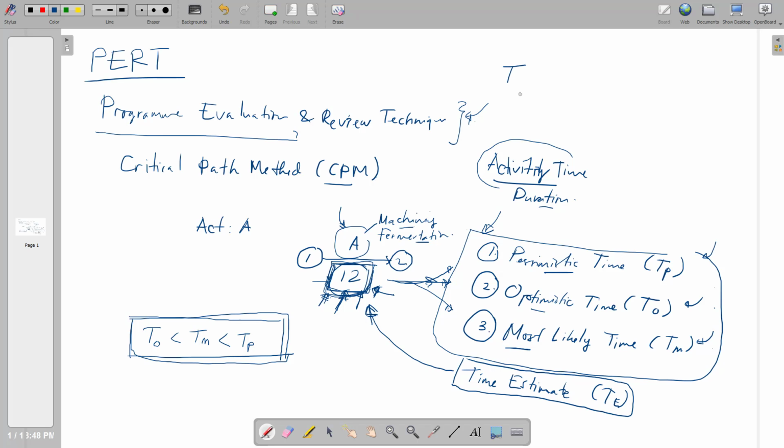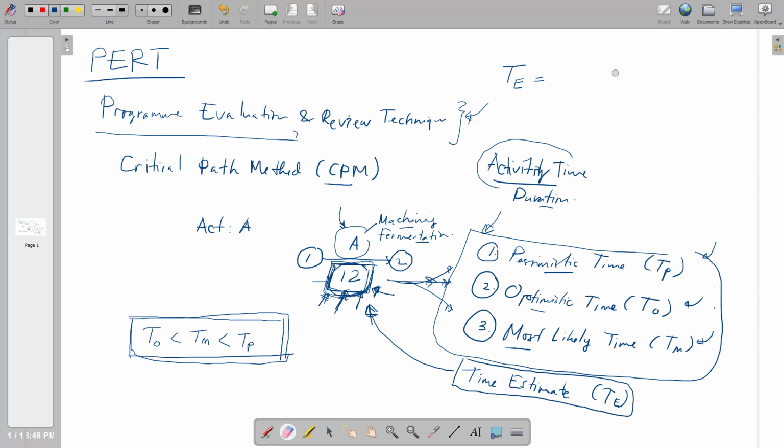since the most likely time has a greater weight compared to the pessimistic and optimistic, we have the convention for that. So technically, the time estimate will be equal to TO, the optimistic time, plus, I put it in capitals so you're not going to be confused.